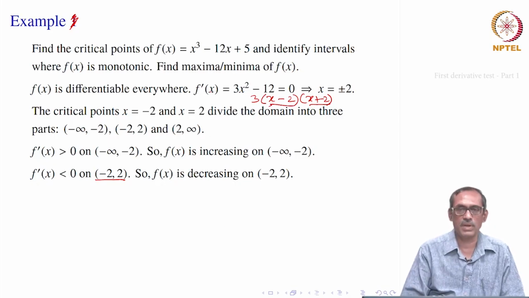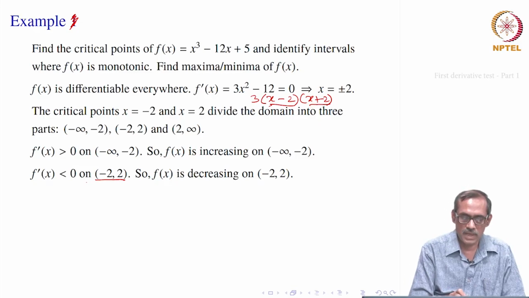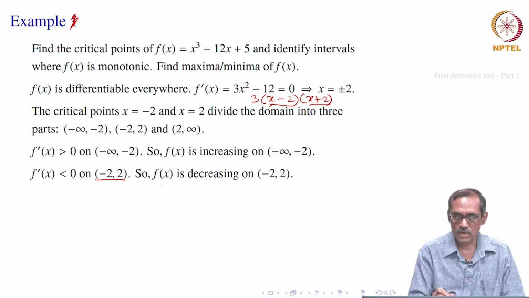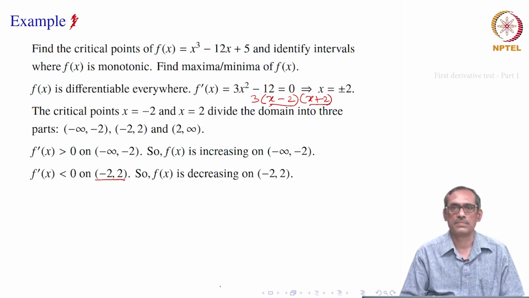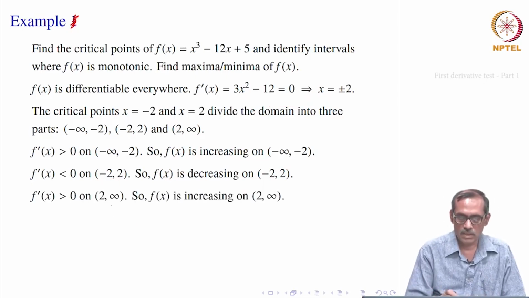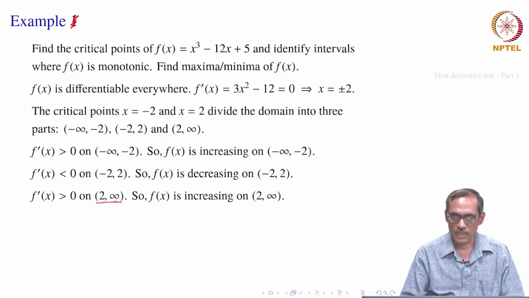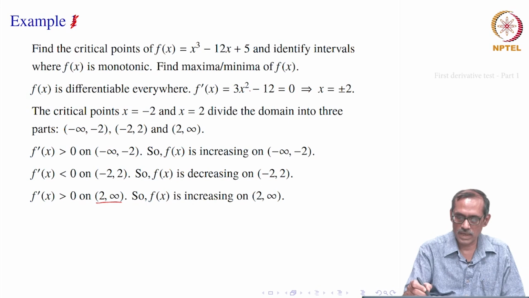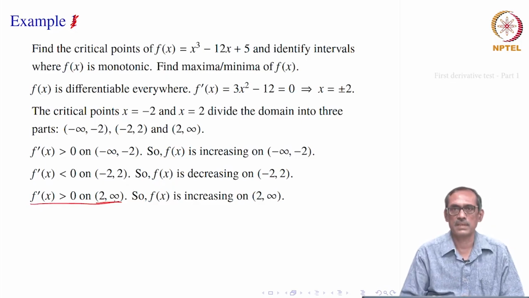Therefore, f prime x is always negative for every point x chosen between minus 2 to 2. Therefore, f x is decreasing on minus 2 to 2. So, that is clear. Now, let us consider the next interval. Suppose I choose x bigger than 2, x from 2 to infinity. Then x square will again be bigger than 4. So, 3x square minus 12 will be positive. f prime x is positive on 2 to infinity. Therefore, f x is increasing in this interval 2 to infinity.